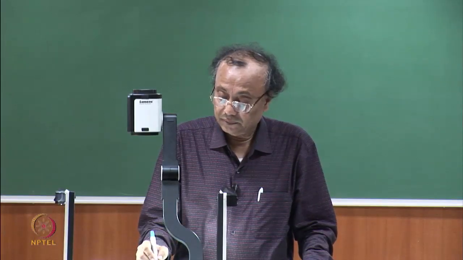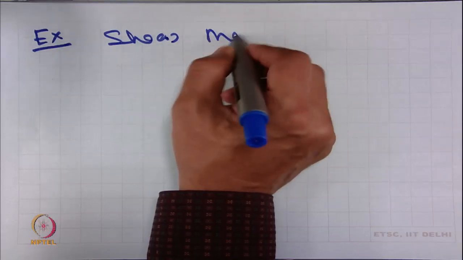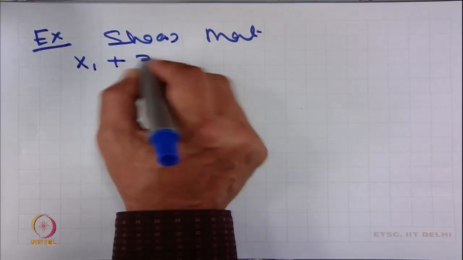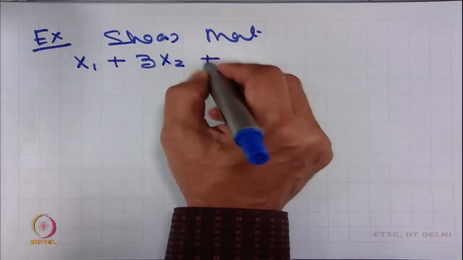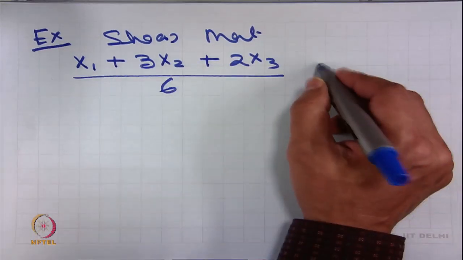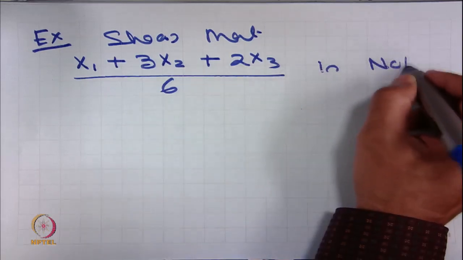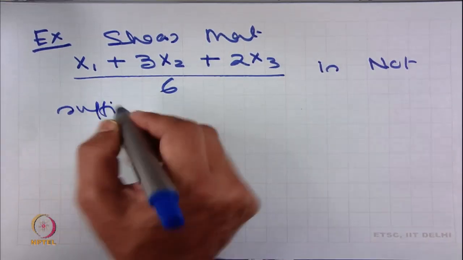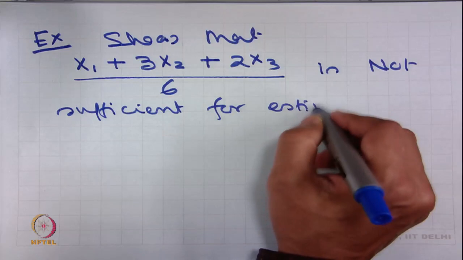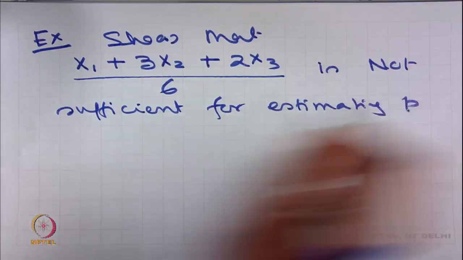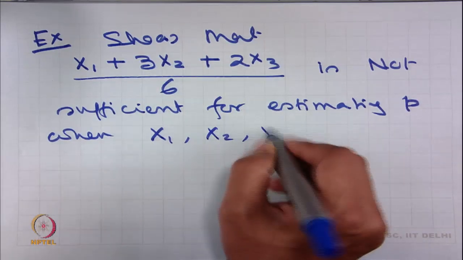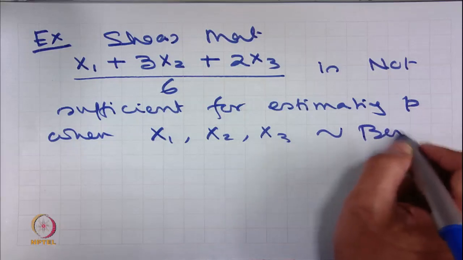Show that X1 plus 3 X2 plus 2 X3 by 6 is not sufficient for estimating p when X1, X2, X3 are from Bernoulli p.